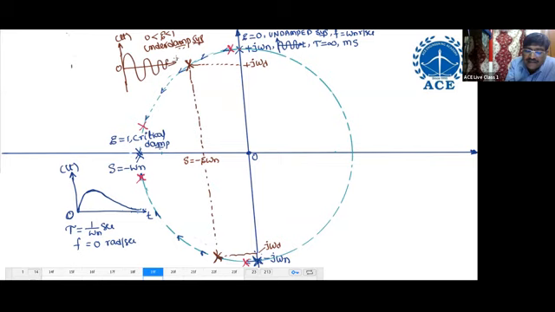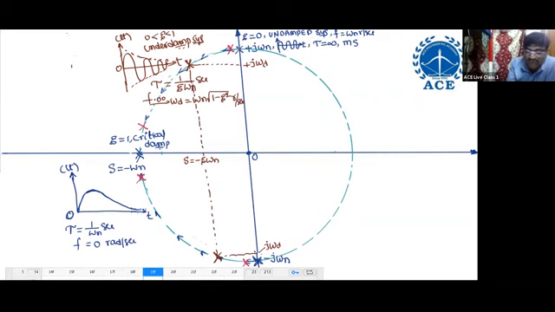What is the time constant here? 1 by zeta omega n seconds. Frequency of oscillations equals omega d, that is omega n into root of 1 minus zeta square, radians per second. This is the complete path of the pole when zeta increases from 0 to 1.